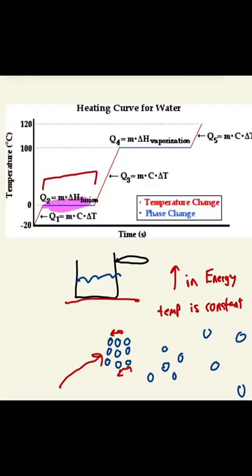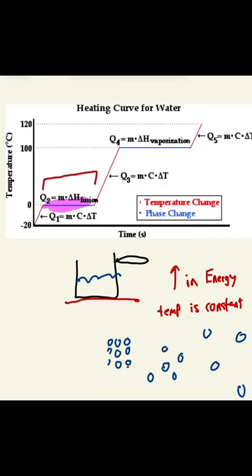That there, Q2, is called the latent heat of fusion. It represents the energy required to undergo a phase change for the solid to become a liquid.